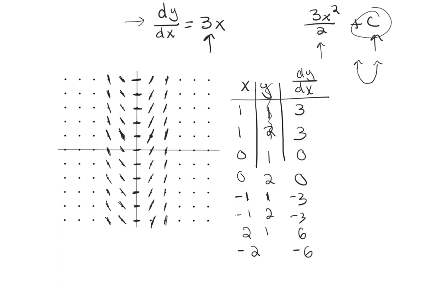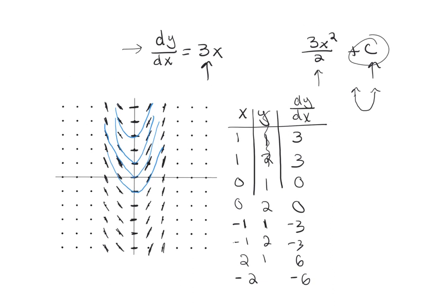Okay, so that's as much as I really am going to graph, and what you're going to see is you're going to look for all these versions of possible parabolas. That wasn't a great sketch, but you can see there's an infinite amount of possibilities because there's an infinite amount of possibilities for that constant c. So what we're doing is sketching slope fields using the derivative gives you a picture of the infinite possibilities of that antiderivative.